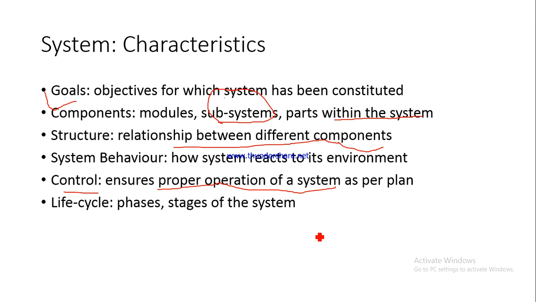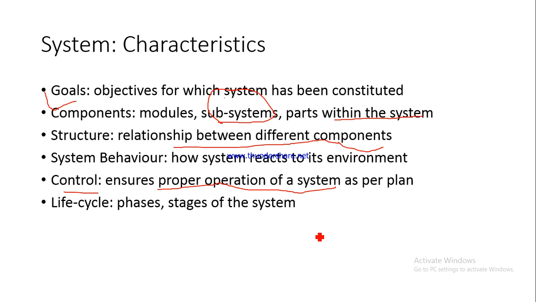However, right now you need to understand that the system will have different phases in its life cycle. It would have a beginning, and then it would have a growth trajectory, and then there would be a decline at some point of time. So these stages are known as the phases of the life cycle of the system, right? Fine. So a system will have its phases also.